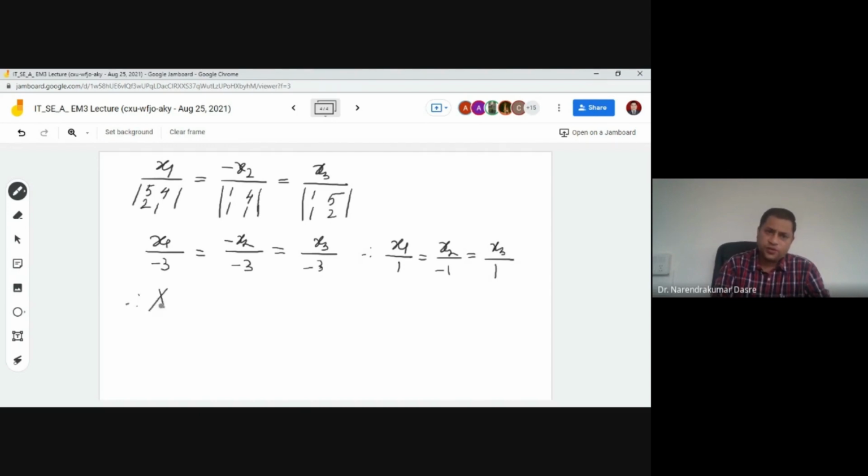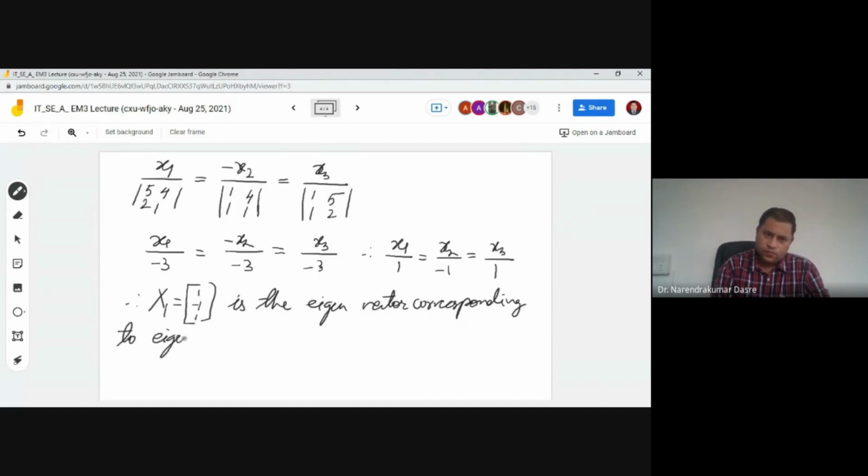So you got the first vector, 1, minus 1, 1. We can say this is the eigenvector corresponding to eigenvalue lambda equal to minus 3.